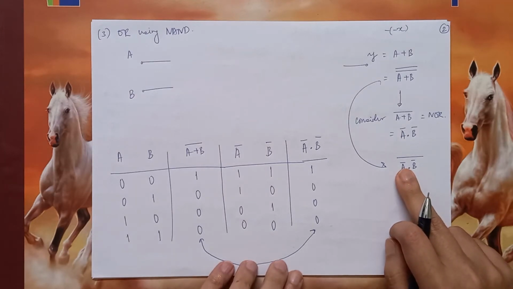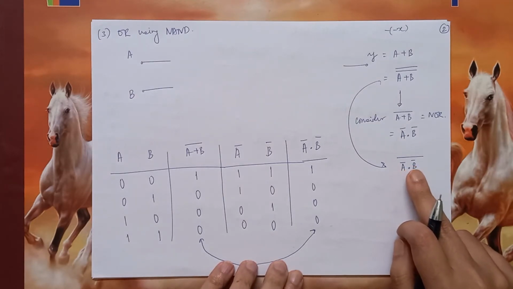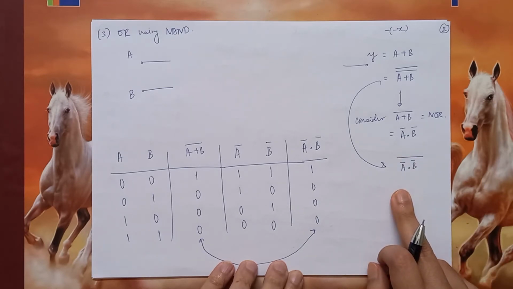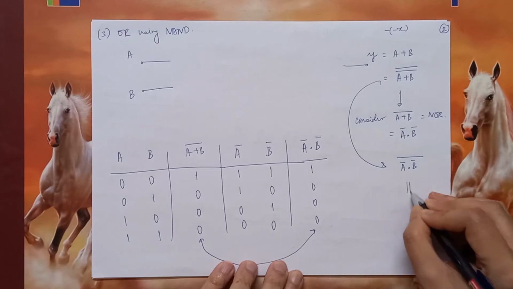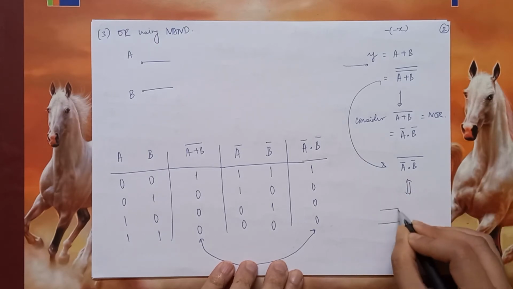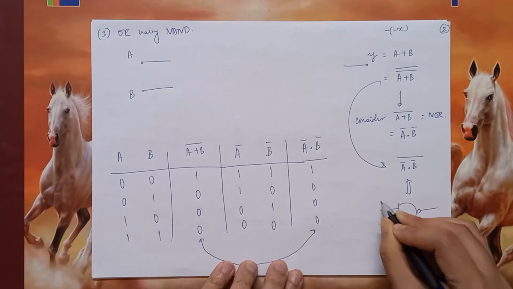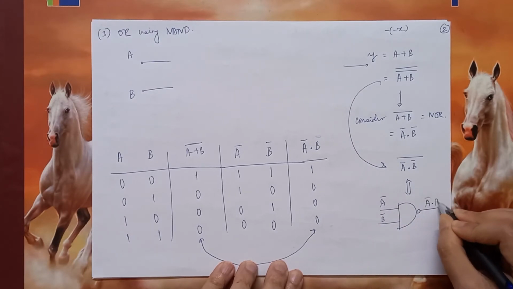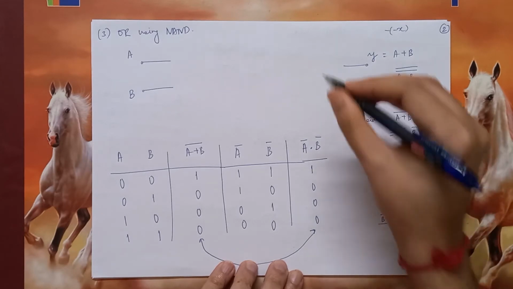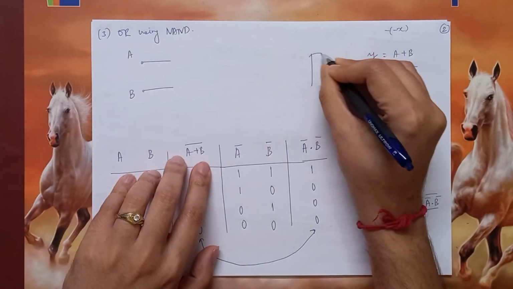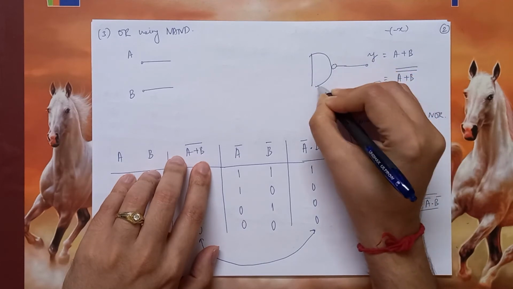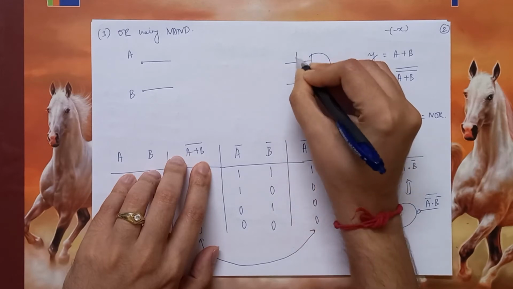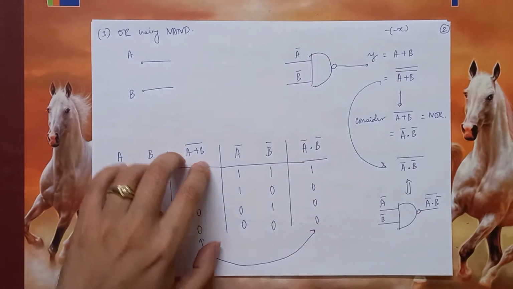Now, if you look at this, it is a bar dot b bar, the whole bar, which is almost like I have a NAND gate that is combining a bar and b bar, because that is why the output is a bar dot b bar, the whole bar. So immediately, I can place a NAND gate over here, whose inputs should be a bar and b bar, just like this.